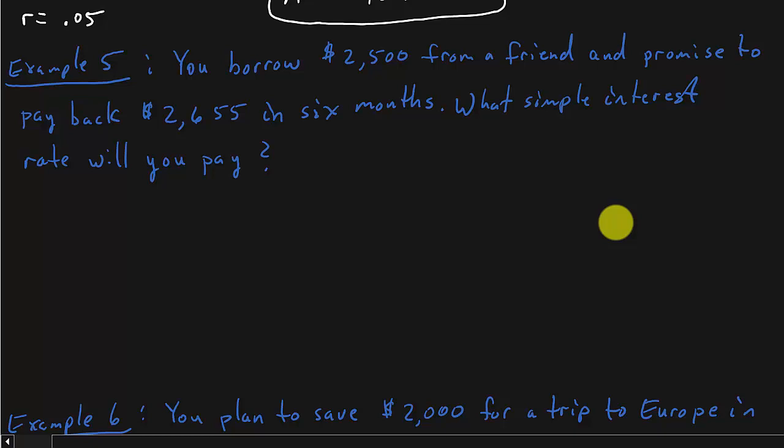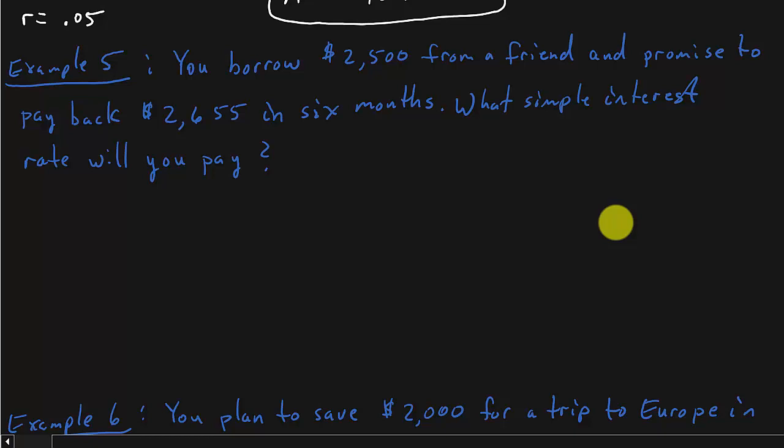Okay. All right. So there's a little bit going on here. We've got the $2,500 that we borrowed. Okay. We borrowed that. And the total that we're going to pay back is $2,655.